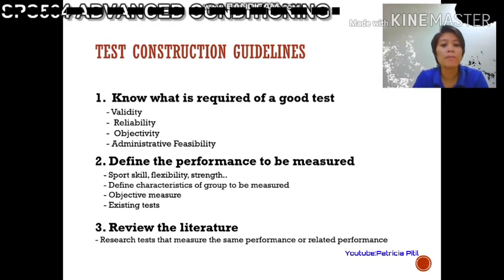And the third one, review the literature. Review the literature meaning that you refer to the previous studies conducted by sports scientists. They will come up with various kinds of tests. For example, you are going to measure the speed ataupun endurance among cross country runners. You have to decide, is the 2.4 test suitable for measuring the endurance for cross country?